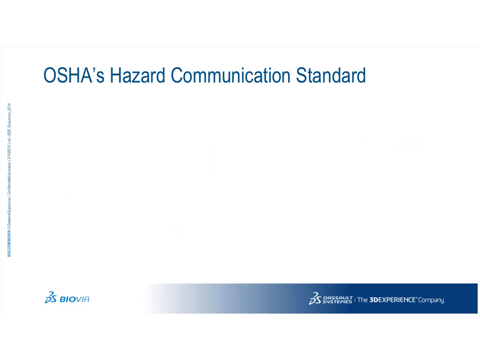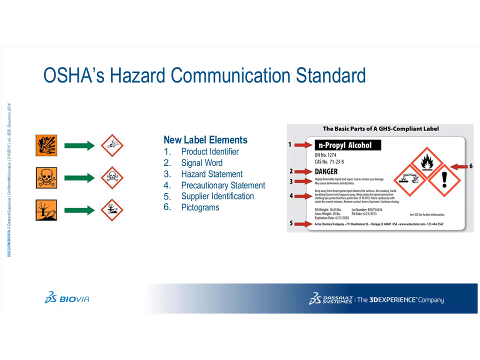And then of course, probably the bigger and harder thing, which both of them are pretty difficult to transition to, will be the labeling. Really what this part has to do with is manufacturing, being able to reclassify the materials. We're going to use new pictograms. They're red, they're bright, they're easy to see.